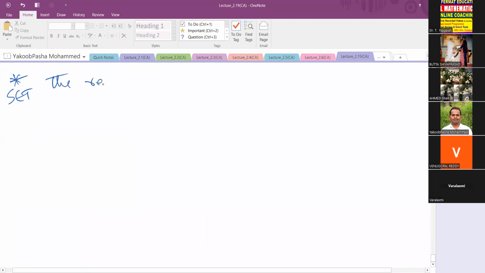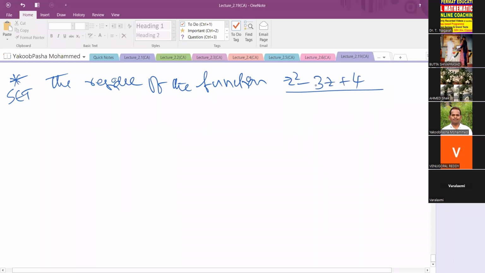The residue of the function (z square minus 3z plus 4) divided by (z minus 2013) whole cube at its pole is... it says 2013, I will take 2023.